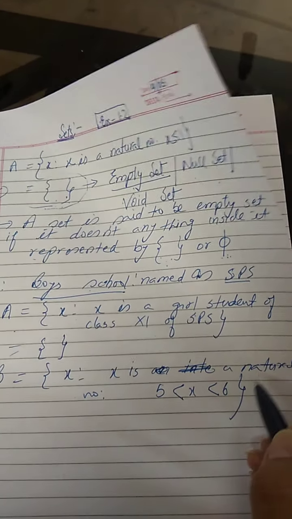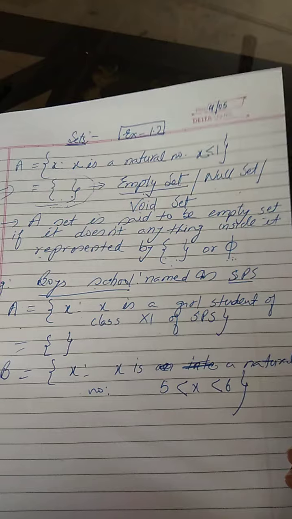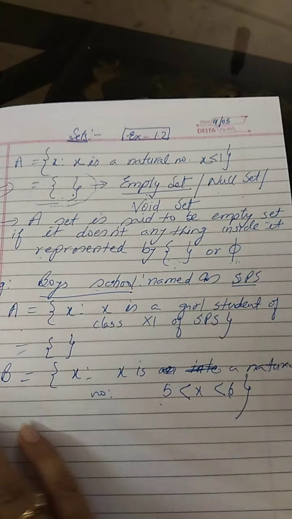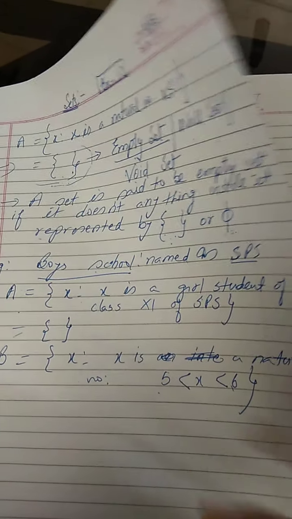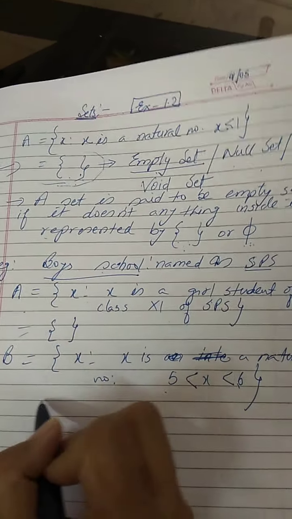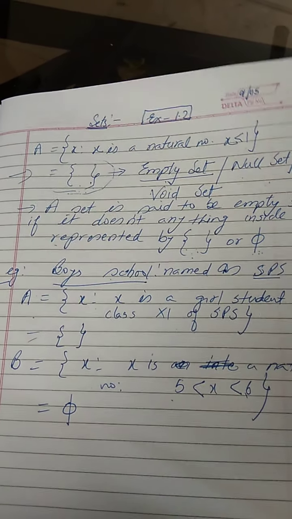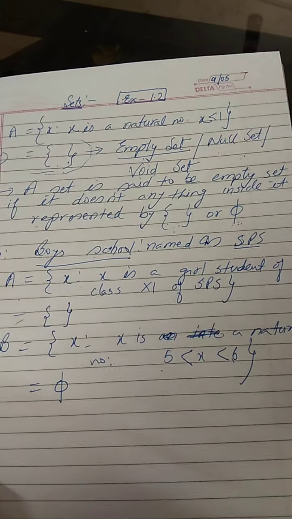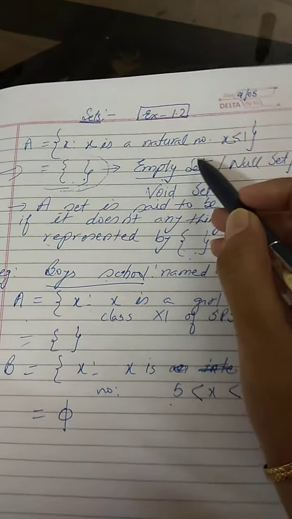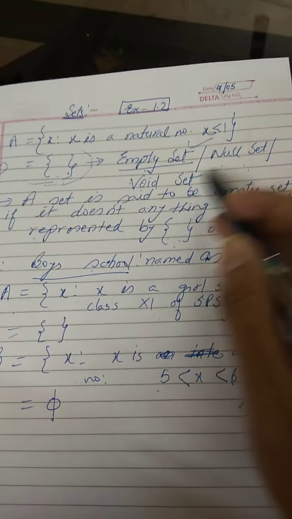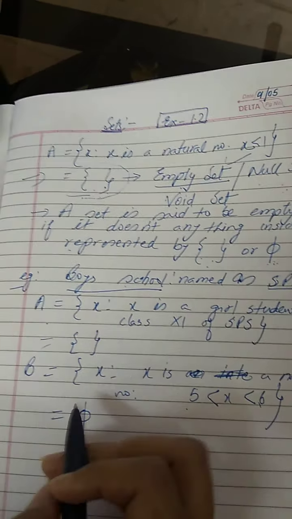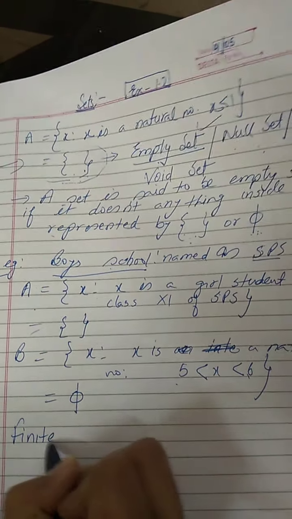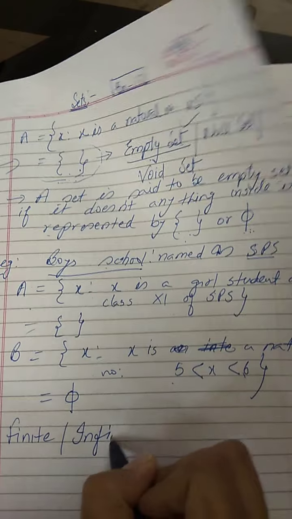So I want all the natural numbers which lie between 5 and 6. Is it possible? No. 5 and 6 are two consecutive natural numbers. There doesn't lie anything between 5 and 6 as a natural number. So definitely this is a null set, right? Likewise, we can have many examples which explain the concept of an empty set, a null set or a void set.